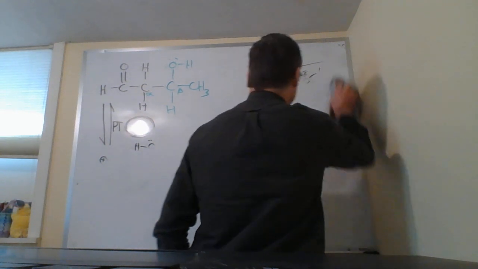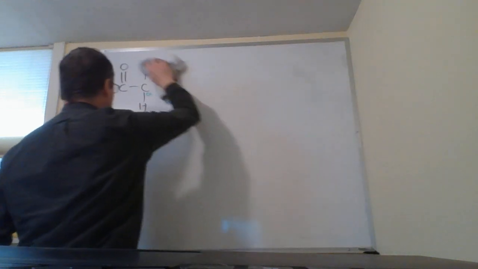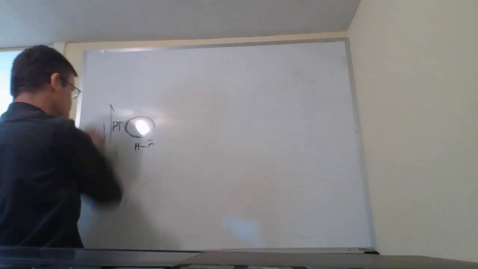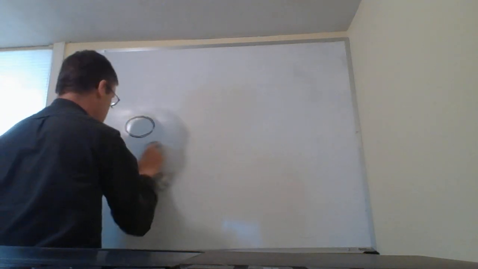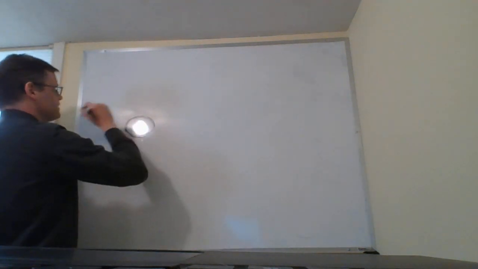Up to this point, I have been using aldehydes, but just for fun, I'll show you doing this with a ketone. What kind of ketone should I use? Let's use this ketone.